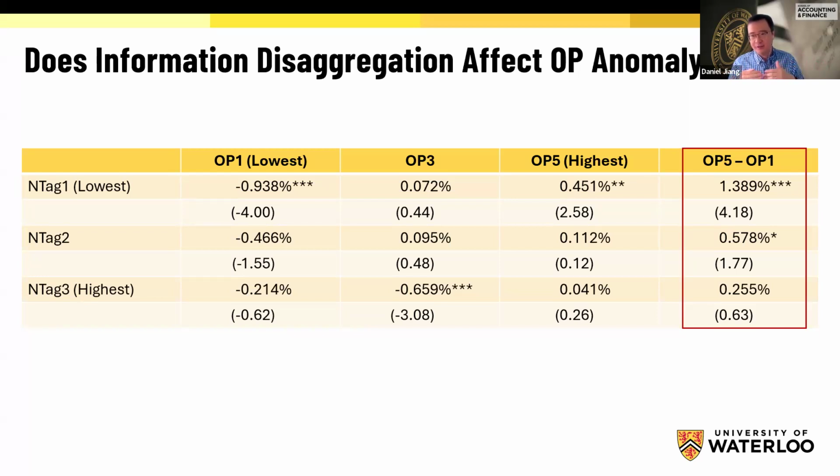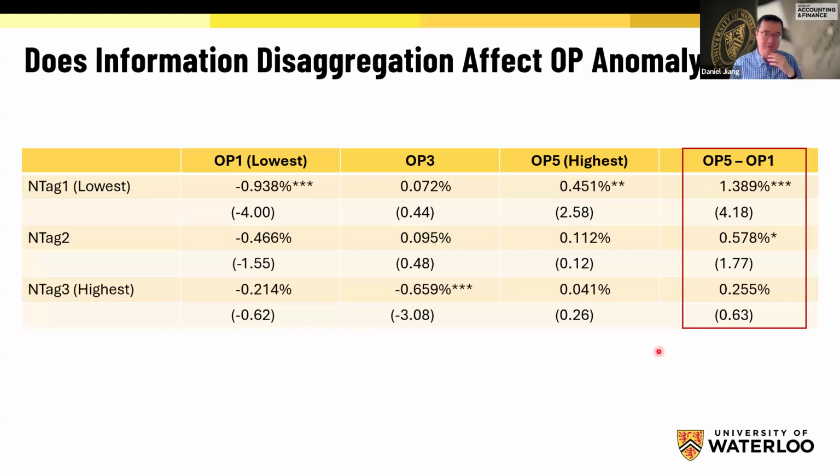And the magnitude of the OP anomaly is measured by the abnormal returns to the hedge portfolio, which takes long positions in the top OP quintile and short positions in the bottom OP quintile. As shown in the slides, when we proxy the information disaggregation by simply counting the number of OP-related tags, the magnitude of the OP anomaly monotonically decreases with the number of tags.